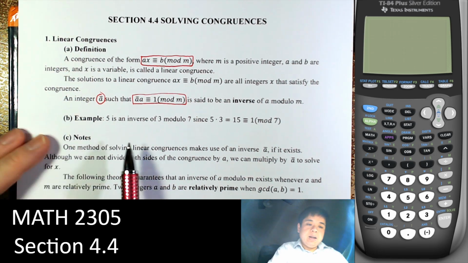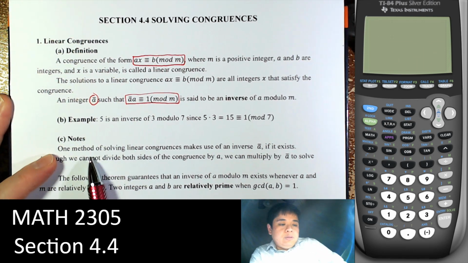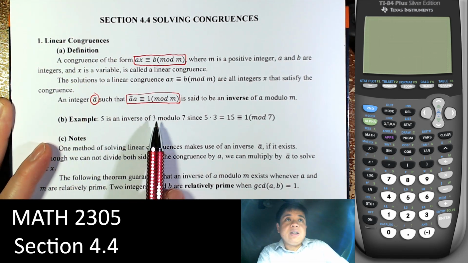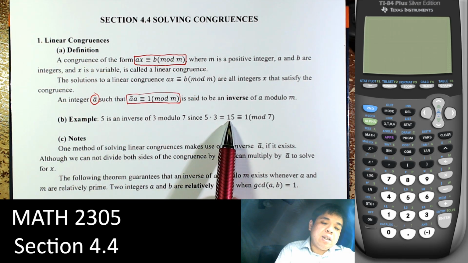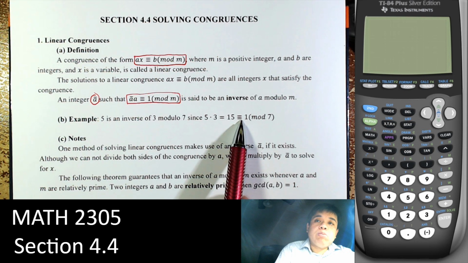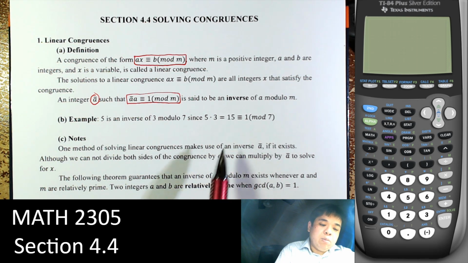For example, we say 5 is an inverse of 3 modulo 7 because 5 times 3 is 15, and 15 is congruent to 1 mod 7.